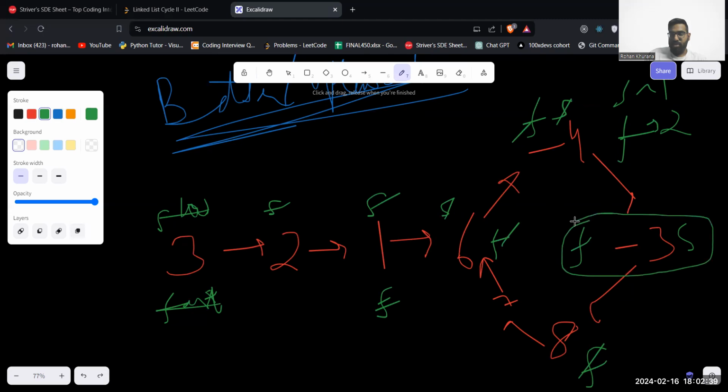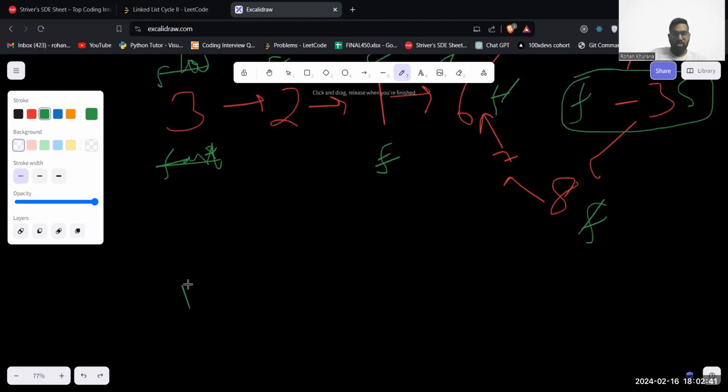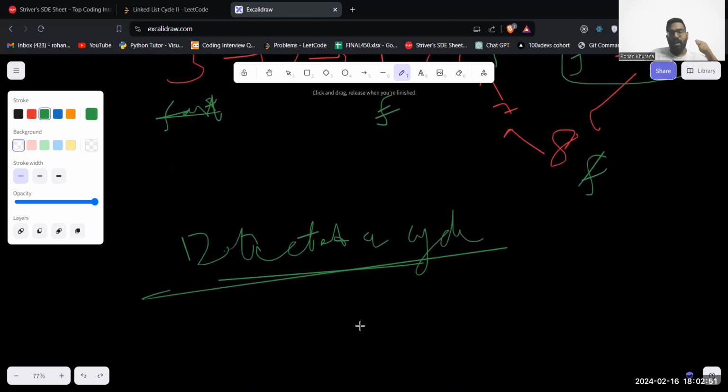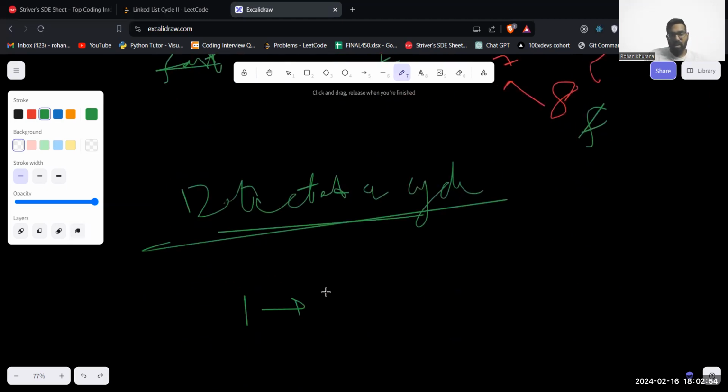This is the position that I have. So I have detected a cycle, right? Because my slow and fast are meeting. Had it been given that, hey, this is a linear, what do you call it, a linear linked list, so slow and fast would have been here.